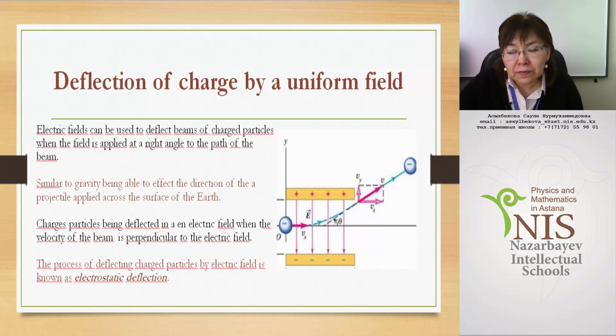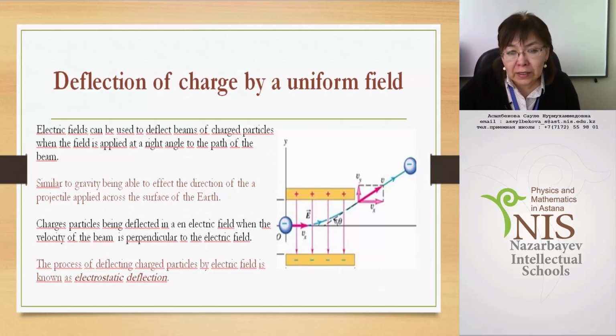This action of a uniform electric field on a charge placed in it is known nowadays as electrostatic deflection. Its effect is similar to the action of gravity, which makes all objects in its field change direction toward the center of the Earth.